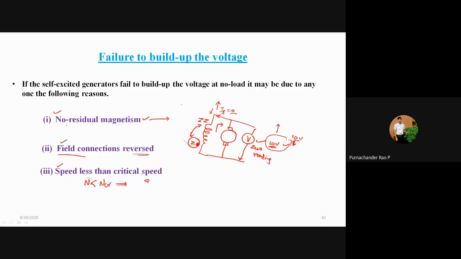The speed of the generator can be increased with the help of the prime mover.